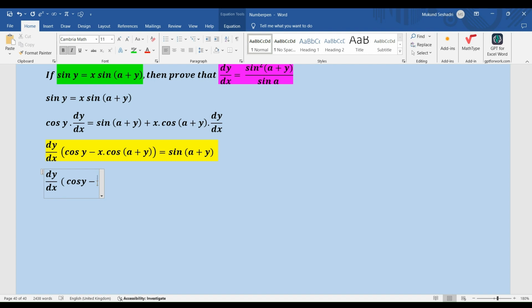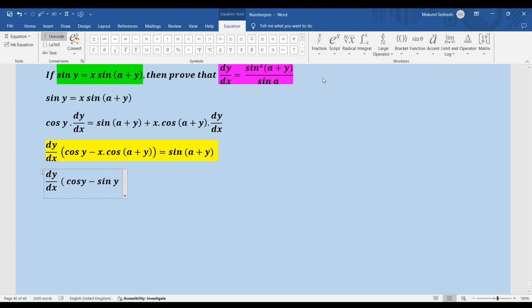My x is nothing but sin y divided by sin(a + y), right? So that is how I eliminate x in this particular expression. And now let's see what we get. I have sin y divided by sin(a + y). And remember, folks, we still have our cos(a + y), right? All this becomes equal to sin(a + y), right?